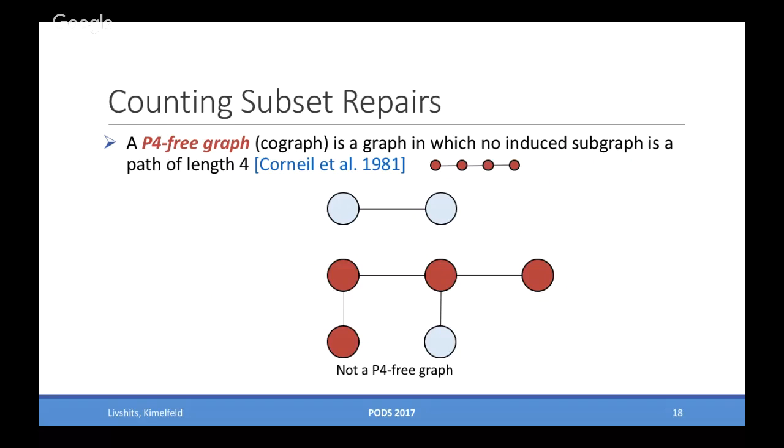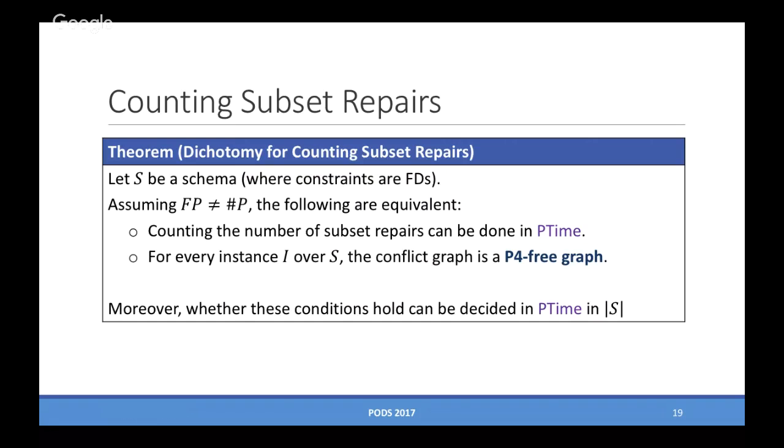And why are we interested in P4 free graphs? Because interestingly, the class of P4 free graphs captures precisely the cases where counting the number of subset repairs can be done in polynomial time. Again, what we have is the following dichotomy in data complexity for counting subset repairs.